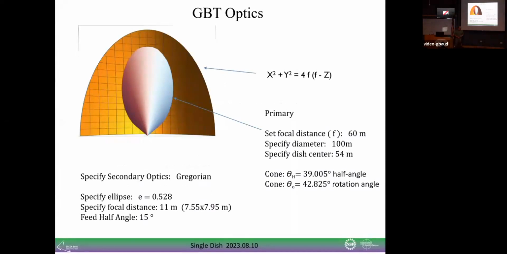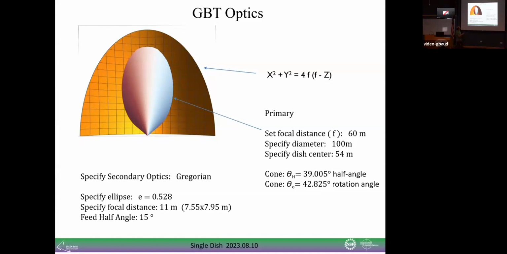So as Jay mentioned, it's an offset design. So how do you make the GBT? Well, first of all, you define a large paraboloid. You don't want the feed arm and focal point to be in the aperture, so you want an offset design.